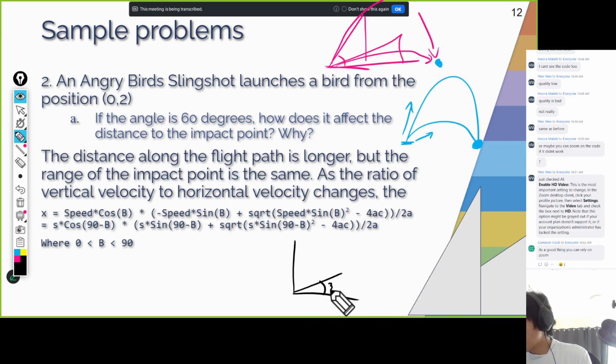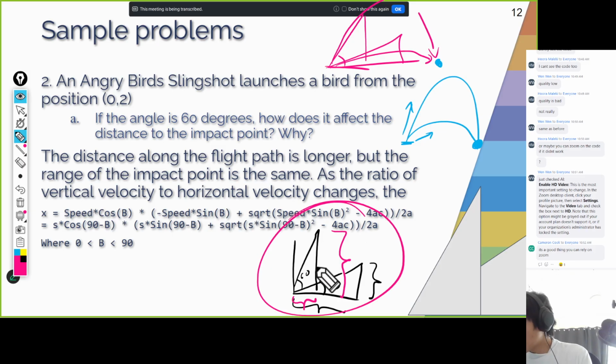30 degrees has the same proportions as 60 degrees, just swapped. It's just the x and y are swapped. They have the same proportions. These triangles are similar.